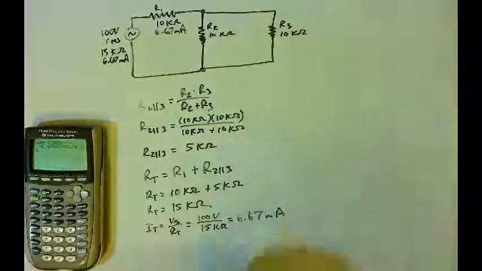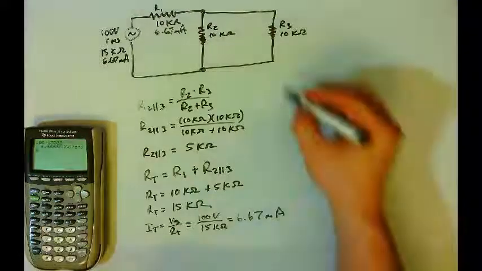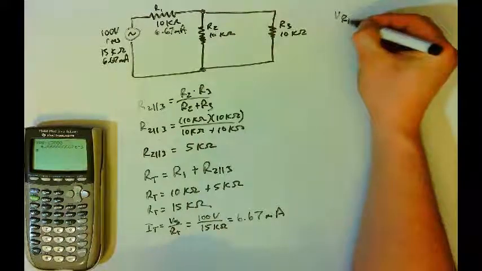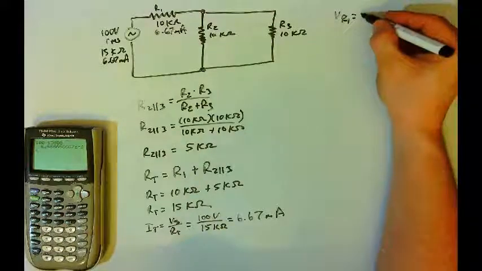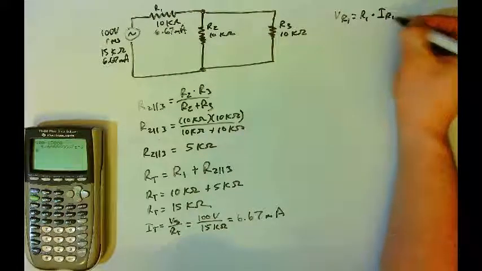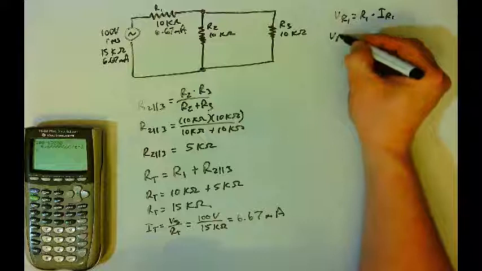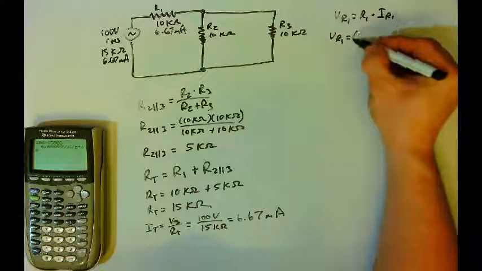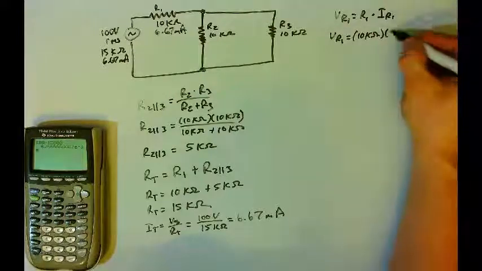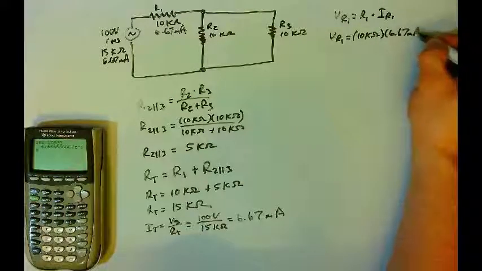And so the total current here is 6.67 milliamps. And so now that I know the resistance and the current in R1, I can find the voltage drop. So I'll start up here. The voltage drop in R1 will be equal to R1 times the current through R1. And so the voltage drop in R1 will be 10 kilo ohms times 6.67 milliamps.